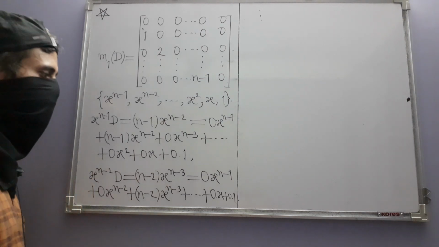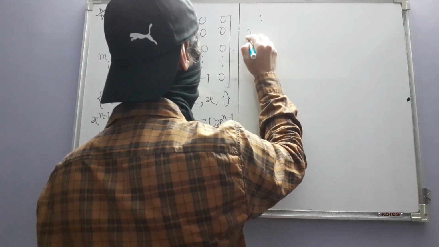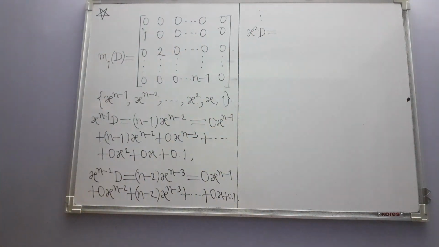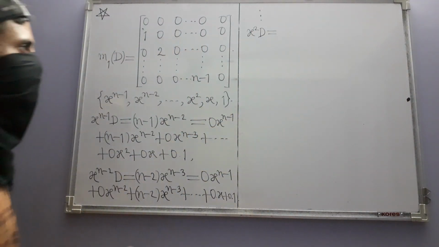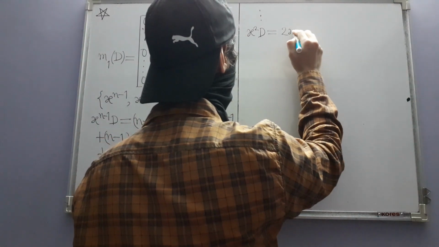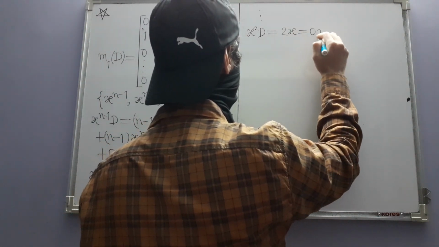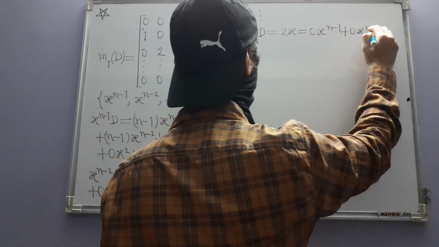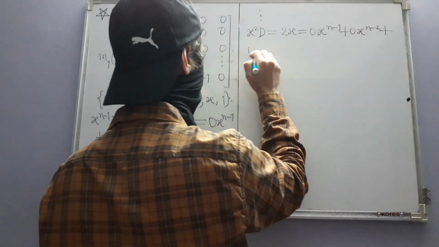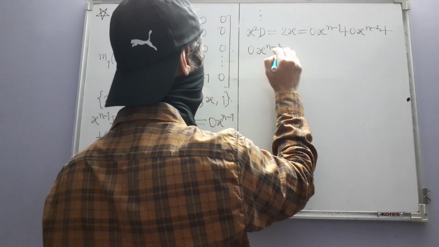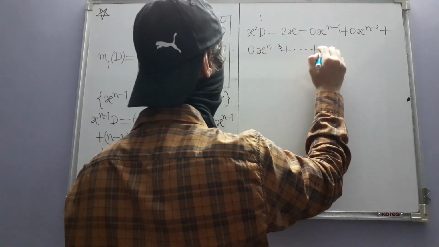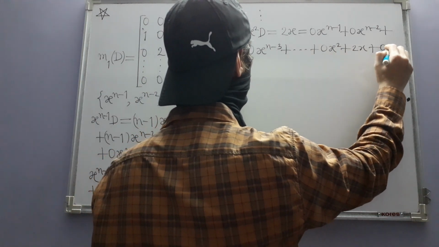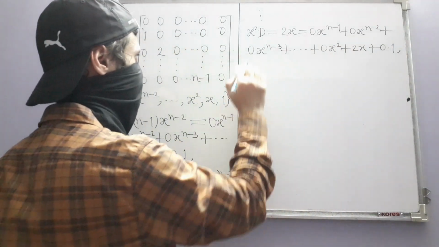Okay, so let me calculate this. This of course is 2x. Expressing that as a linear combination, plus 2x plus 0, 1.